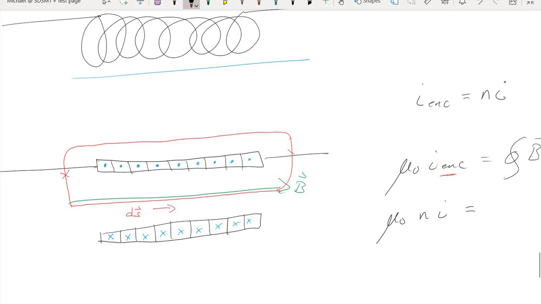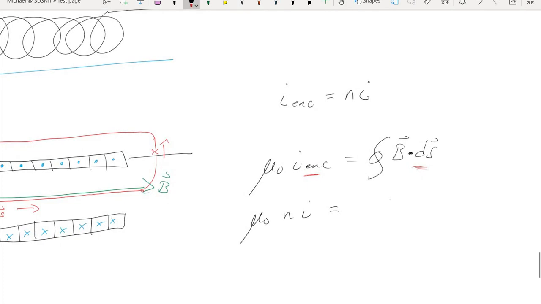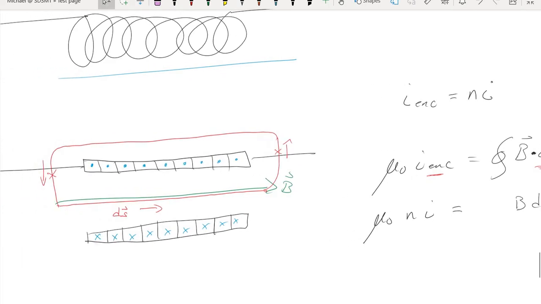On these legs of the Amperian loop, if I travel up and down those side legs, those side legs are perpendicular to the magnetic field line, and so hiding inside of that dot product is a cosine relationship, and cosine of a perpendicular angle is 0, so the left and right sides of the Amperian loop aren't going to contribute.